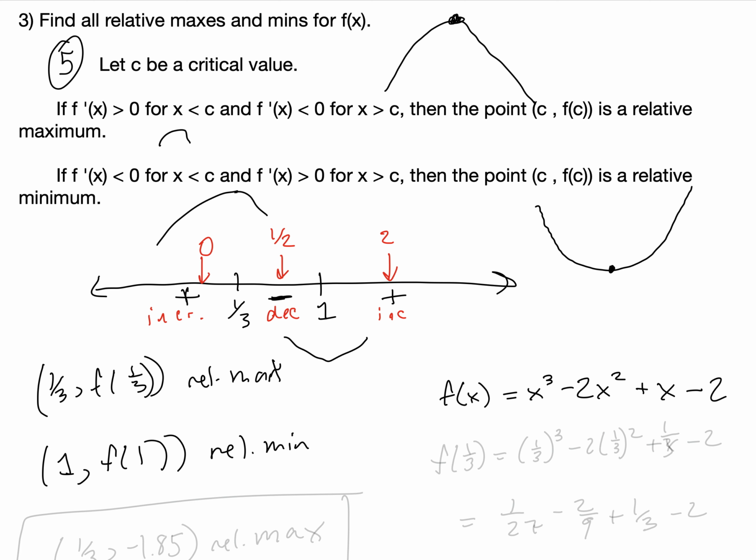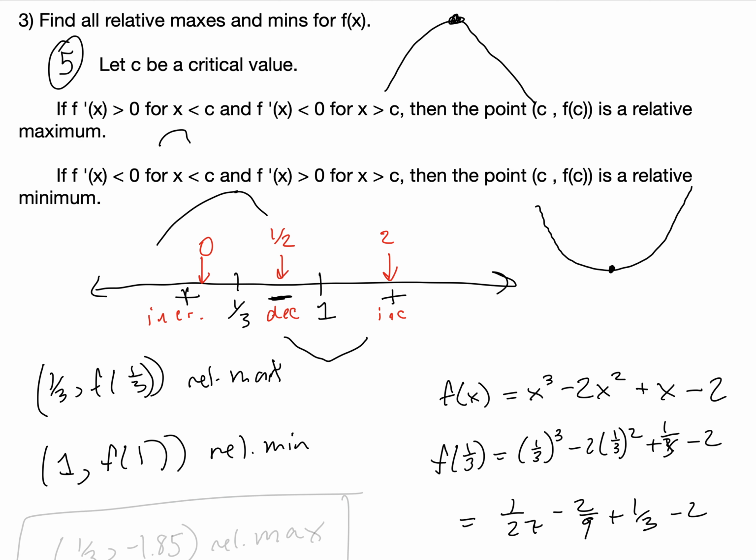So to find all those points, we just need to plug it into the original function. f of 1/3 would give us 1/3 cubed minus 2 times 1/3 squared plus 1/3 minus 2. So that's 1/27 minus 2/9 plus 1/3 minus 2.